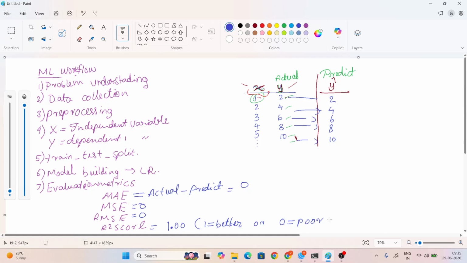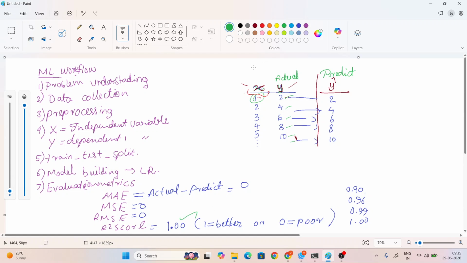At least your model should be in the 95 to 99 percent range, like 0.99, or 0.96, or 0.90. If your model is closer to 1, your model is perfect.